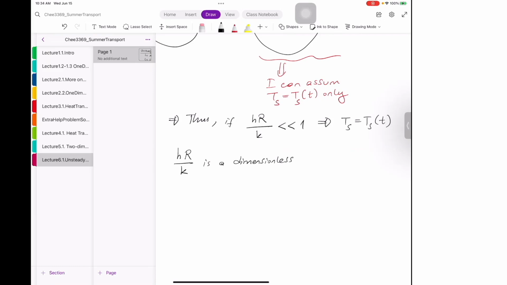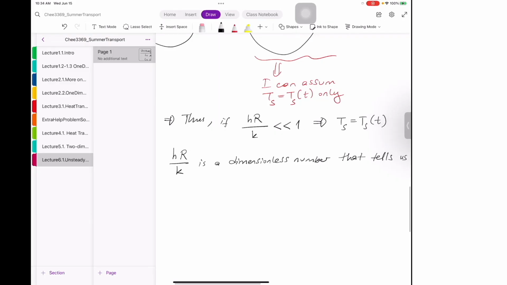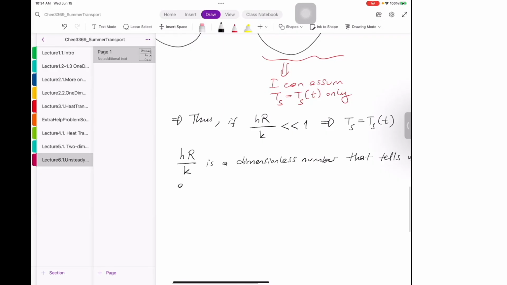It's an important dimensionless number that tells us whether we can assume T is uniform. Okay, and it has a special name. It's called the Biot number.